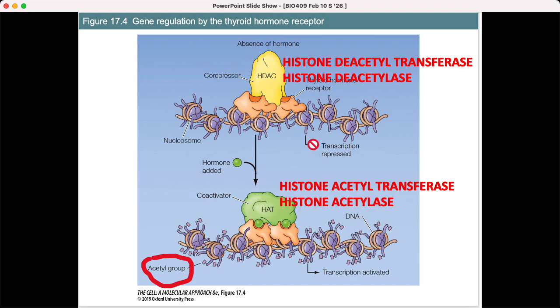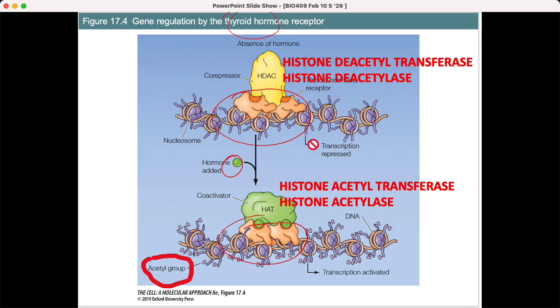Something that I didn't mention yet before, that I'll put right here, is that there's the estrogen receptor. In this case, the figure is actually talking about a different nuclear receptor, thyroid hormone receptor, but it's a nuclear receptor, and we could say it's the estrogen receptor.